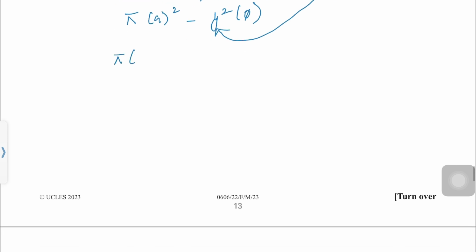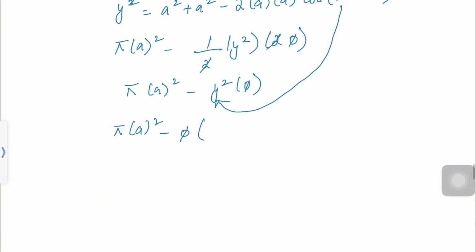So this can be written as pi a squared, then minus, phi is common, 2a squared minus 2a squared cos of pi minus 2 phi.